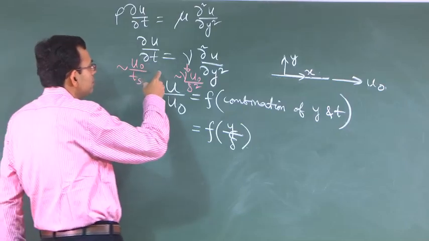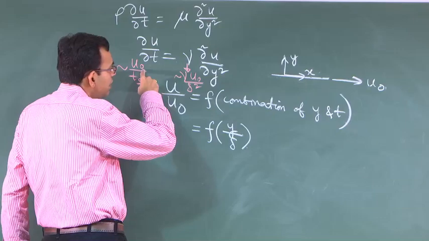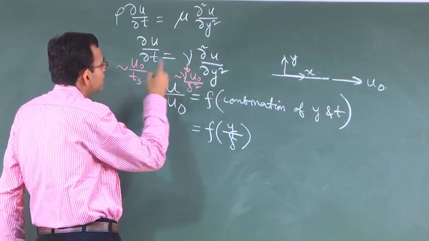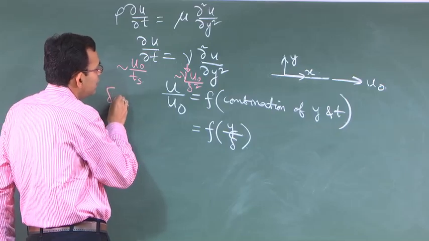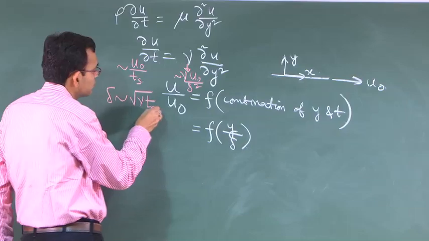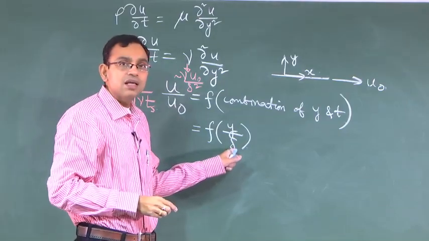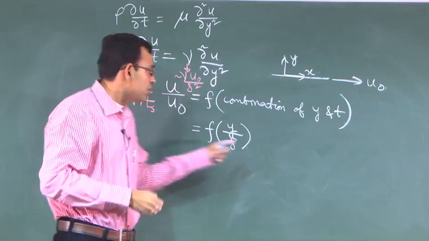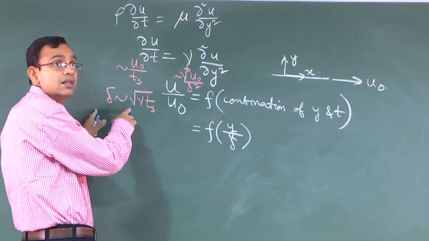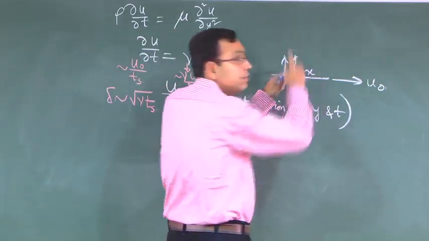Because the transient effect or the inertial effect here is going to balance the viscous effect, if you equate these two scales, you will see that delta will scale with the square root of nu t. So you can see that this is a length scale. At a time t, what does this scale mean physically? It means that at a time t, this is how far from the wall the effect of the wall will have diffused.